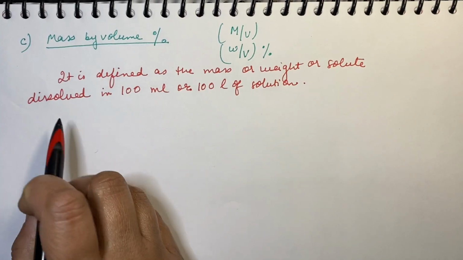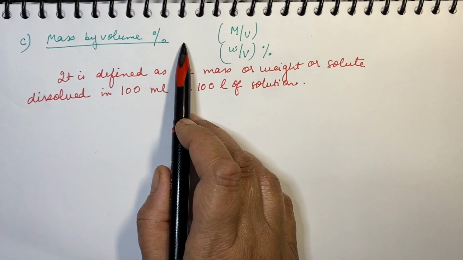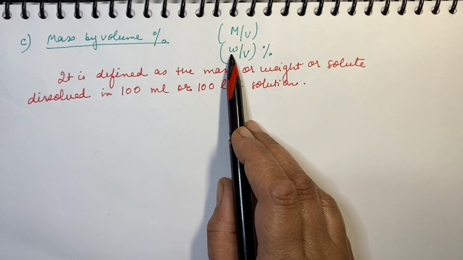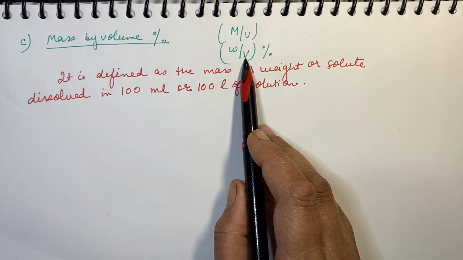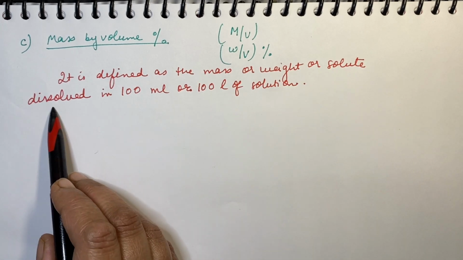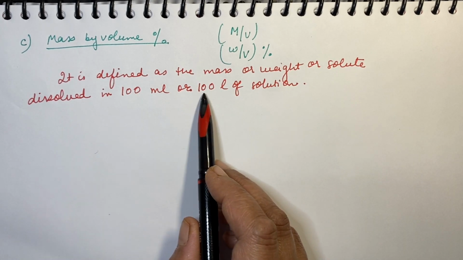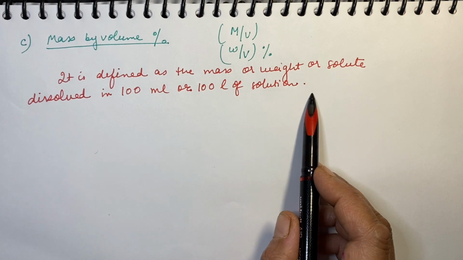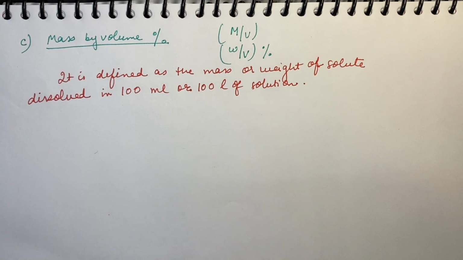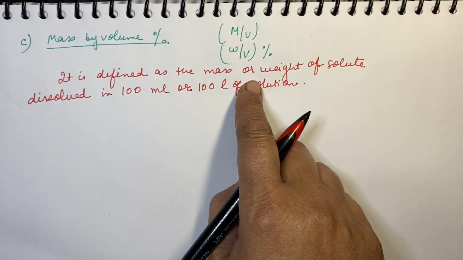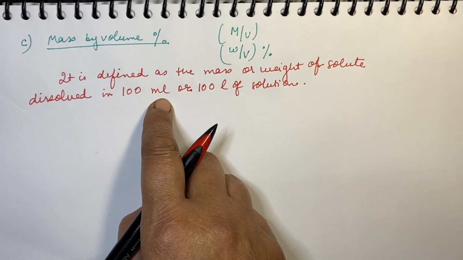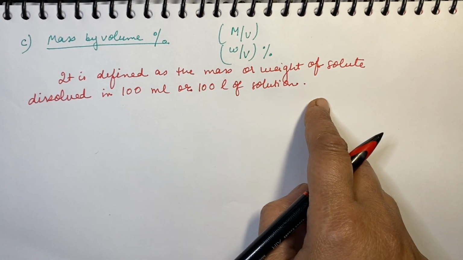Similarly, the third part is mass by volume percent, which means M by V, where mass is represented in weight and volume is represented in V. So it is defined as the mass or weight of solute dissolved in 100 milliliter of solution.